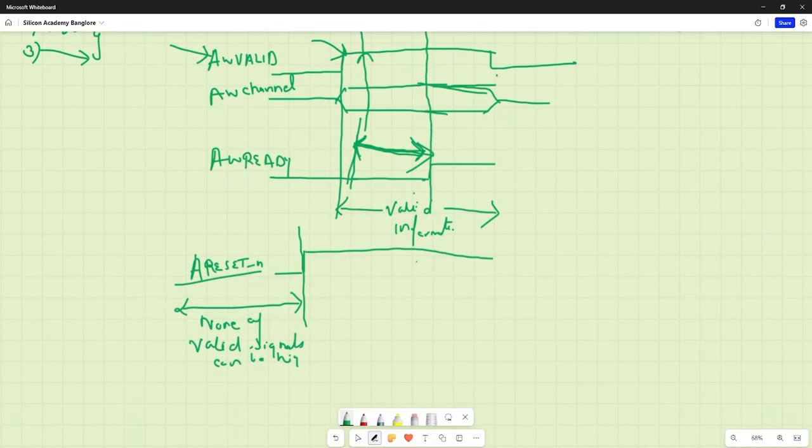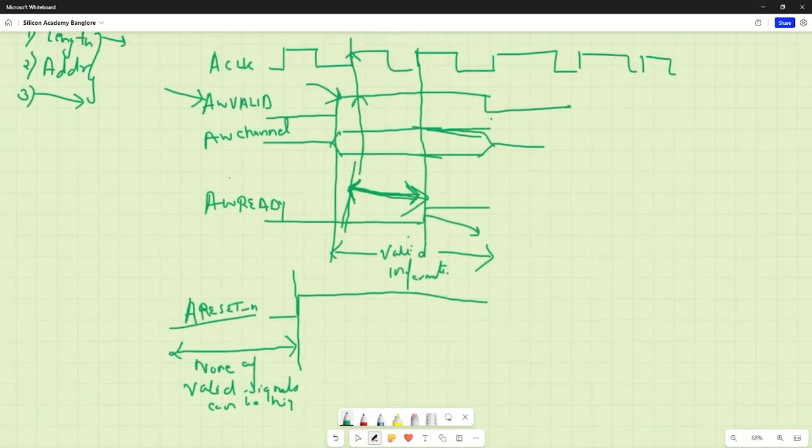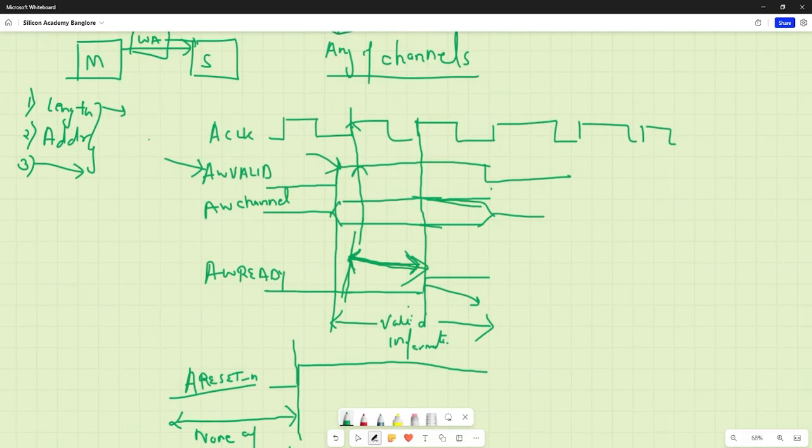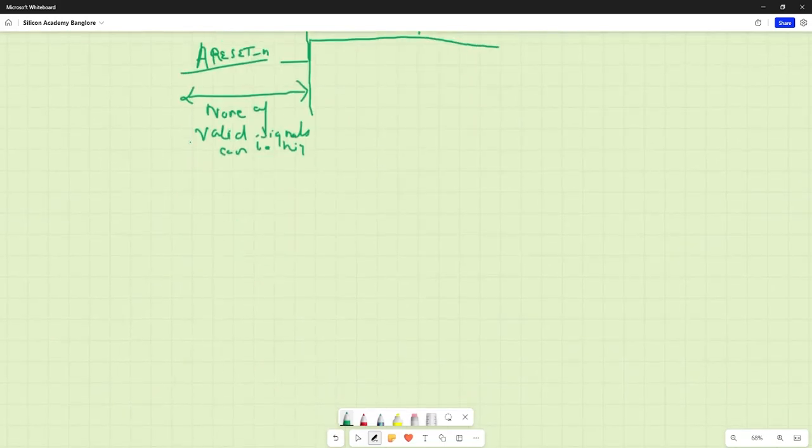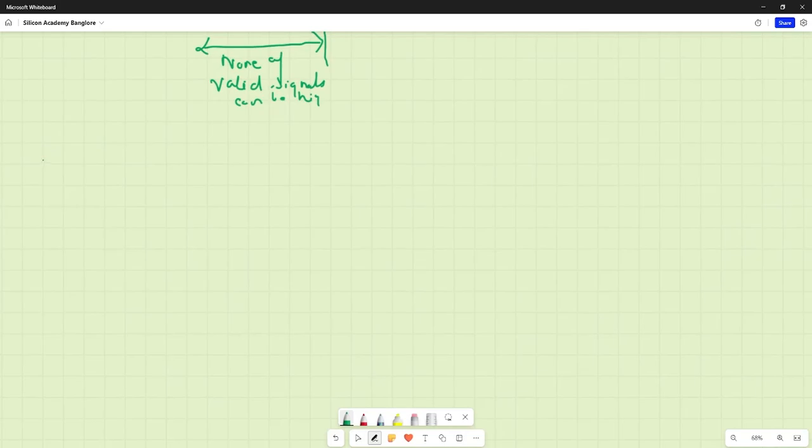That means rather than the master waiting for the slave to get ready, there can be a case wherein the slave is already ready and it is waiting for the master to provide the information about the write or the read. So let's see this case. This we can consider as case 1 that we discussed so far. Now let's move to case 2. Suppose this is our clock cycle.